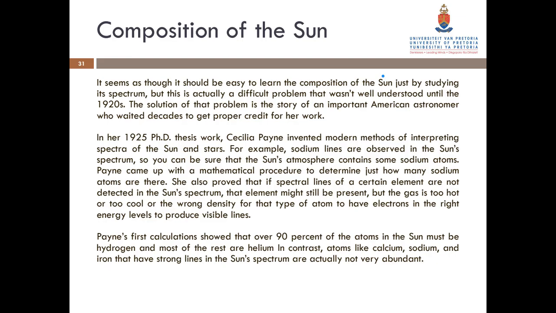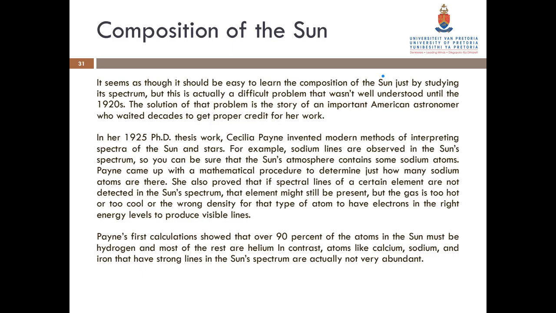In her 1925 PhD thesis work, Cecilia Payne invented modern methods of interpreting spectra of the Sun and stars. For example, sodium lines are observed in the Sun's spectrum, so you can be sure that the Sun's atmosphere contains some sodium atoms. Payne came up with a mathematical procedure to determine just how many sodium atoms are there.